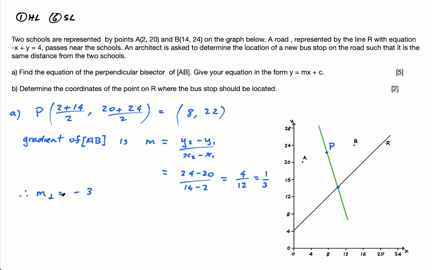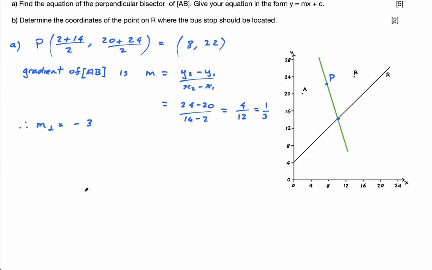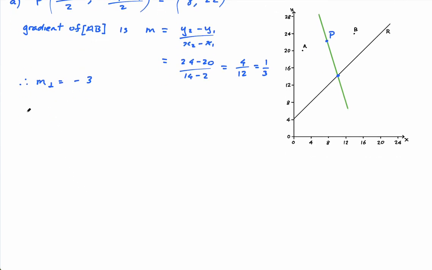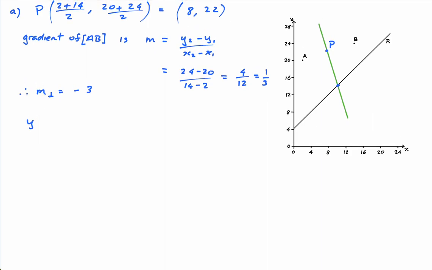Now to find the equation of the line, I have the point and I have the gradient. I do y minus y1 equals m into x minus x1. If you want to use y equals mx plus c and find c, that's absolutely fine, but I prefer this one because I just sub in the values. y1 is 22 because I'm using the point P, m is minus 3, and x1 is 8.